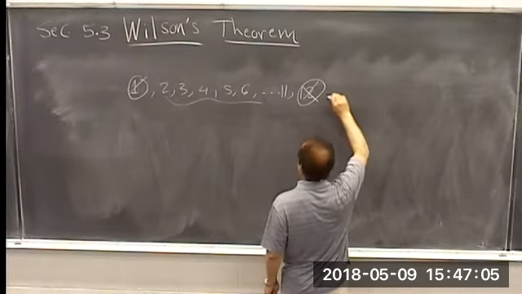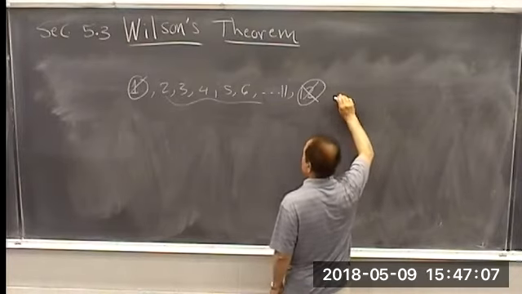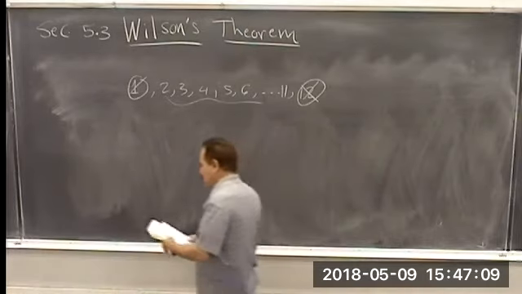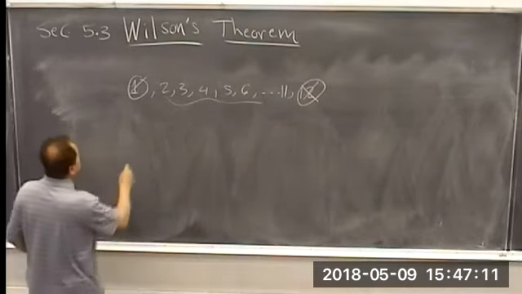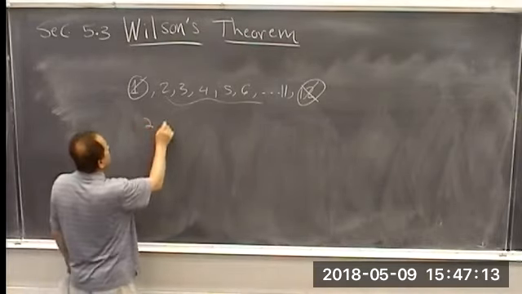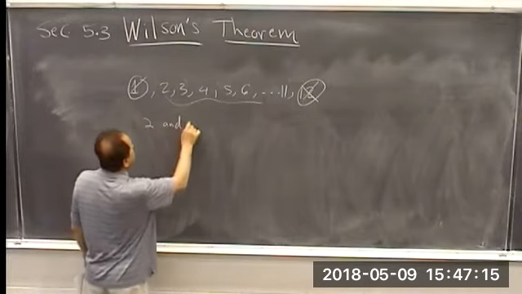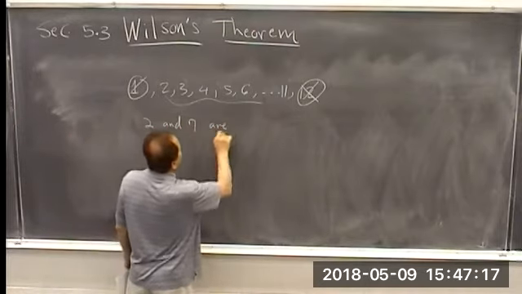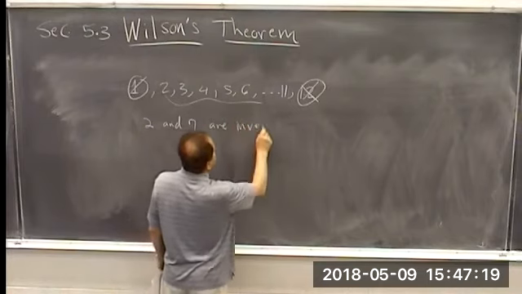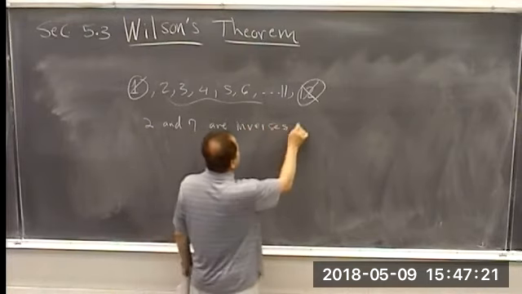Each number, we're going to put with its inverse. So we're going to see that 2 and 7 are inverses of each other.